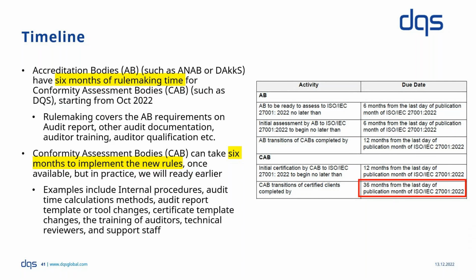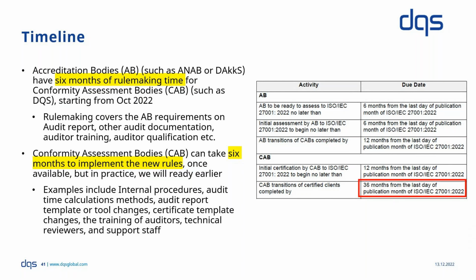But in practice, we will be ready earlier. So examples of these documents include our internal procedures, audit time calculation methods, audit report template or tool changes, certificate templates, training of our auditors and technical reviewers, and all the support staff.